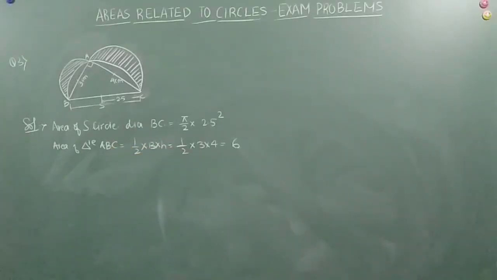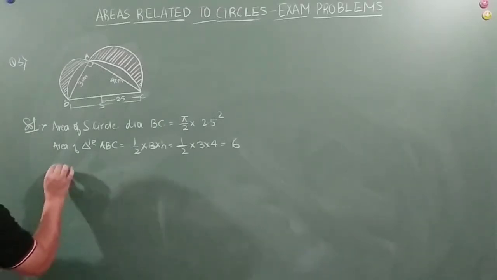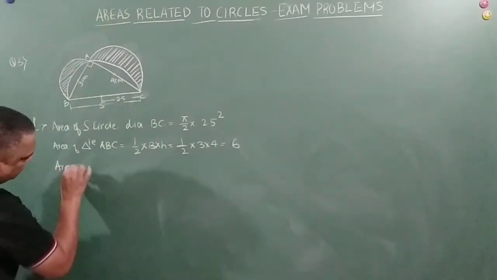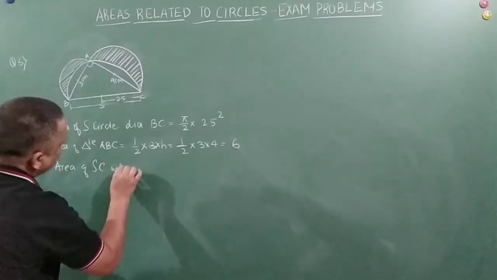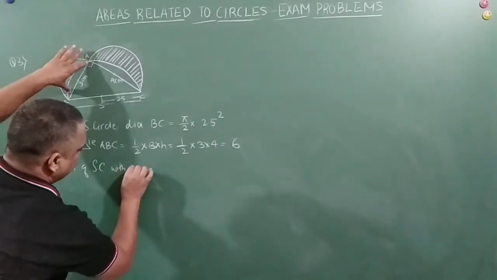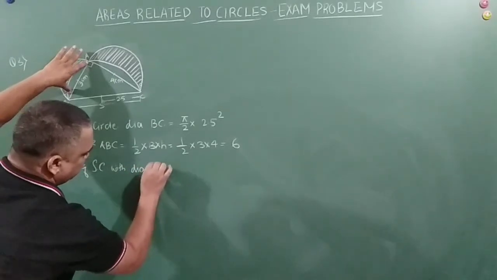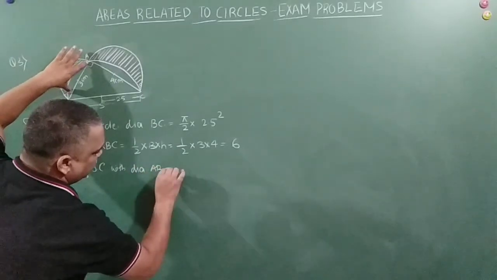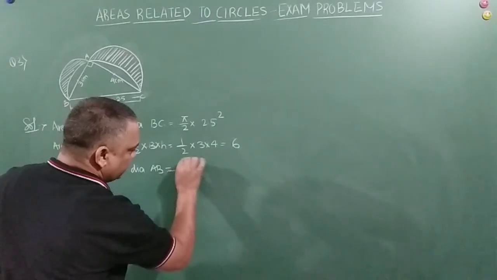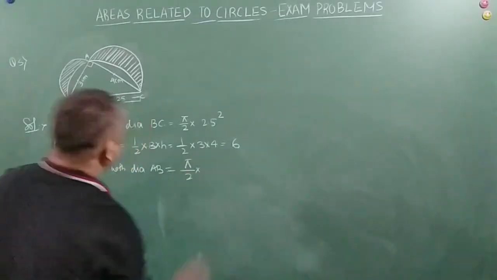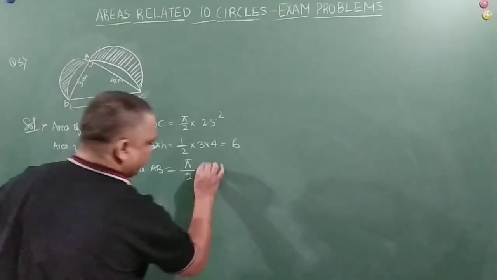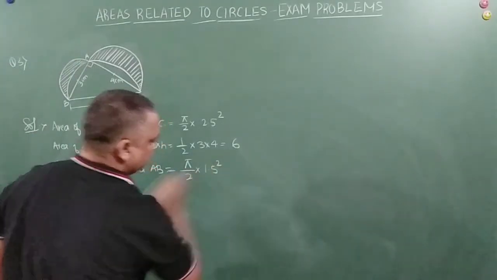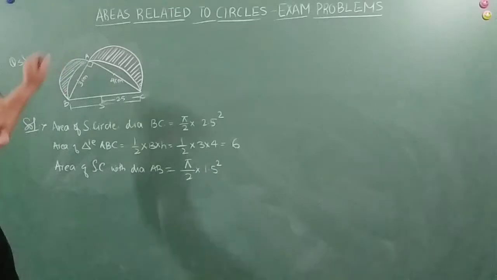So area of semicircle with diameter AB, semicircle, so pi by 2 into r square. This is 3 given, friends, so r will be 1.5. Correct? This will be the area of this semicircle.